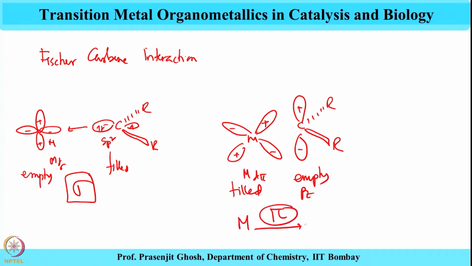This is a metal to ligand pi and this is a ligand to metal sigma interaction. And this is typical of Fischer carbene type of interaction, the way the carbenic moiety interacts with the metal center.